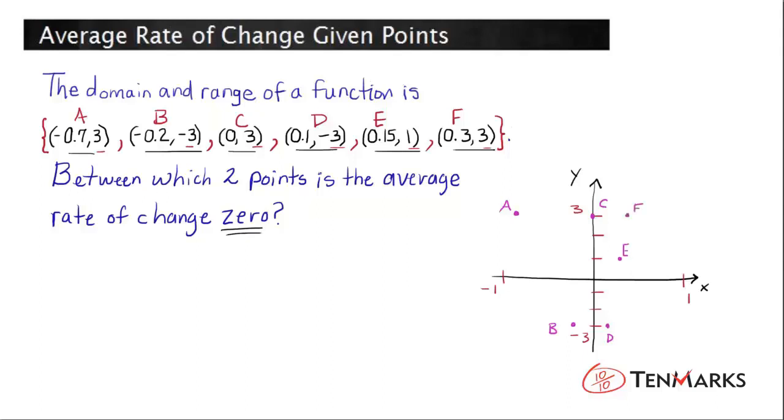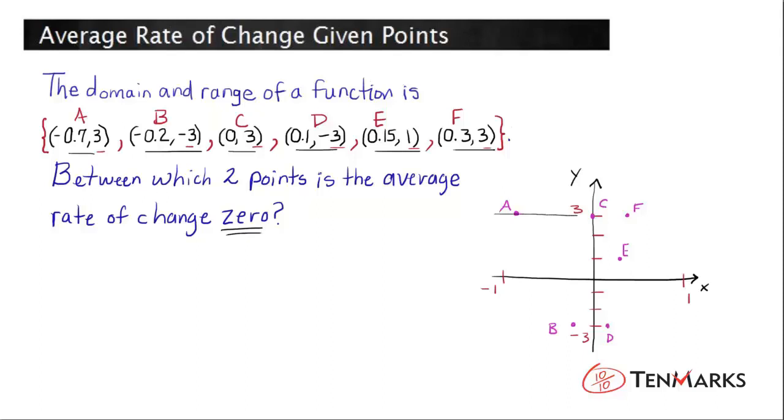Now let's look again at the question. The question says, this is the domain and range, these points, between which 2 points is the average rate of change 0? If you remember that the average rate of change is the same as the slope between the 2 points, or the slope of the line between the 2 points, and also remember that any horizontal line has a slope of 0, that helps quite a bit, because then you're looking for points that lie on a horizontal line.